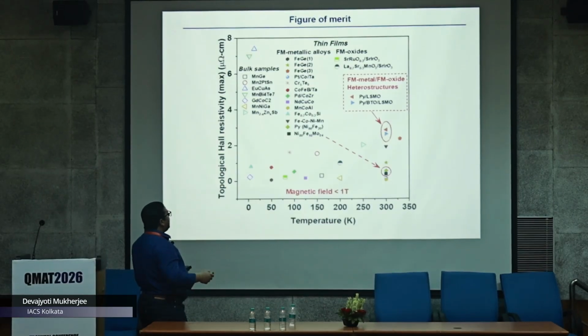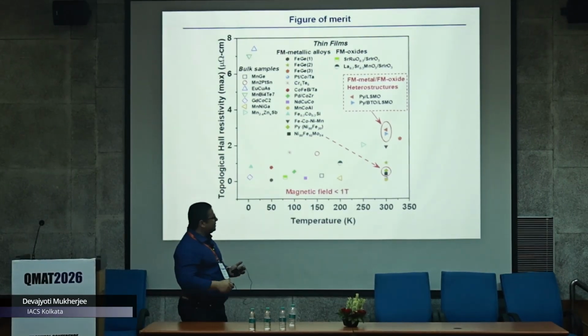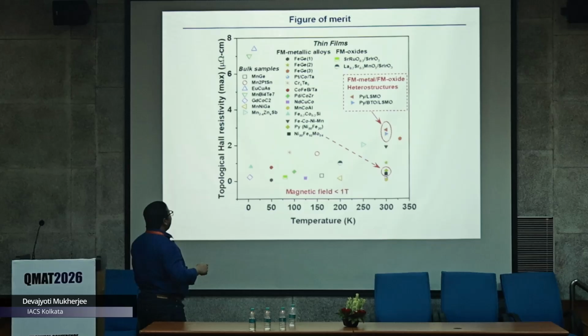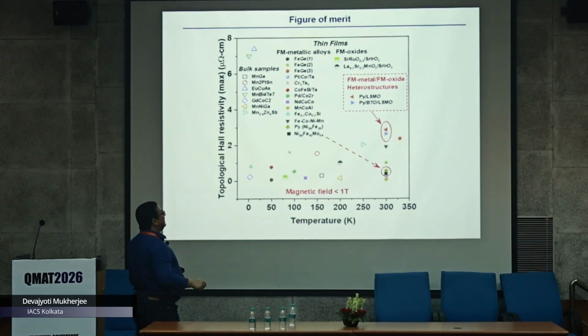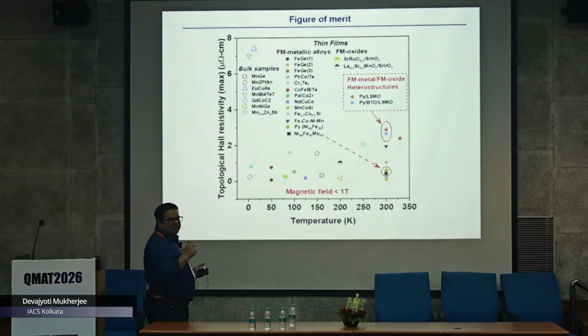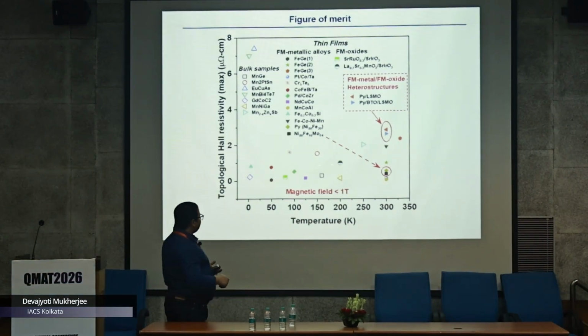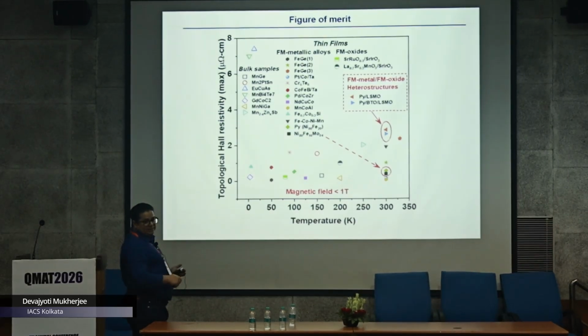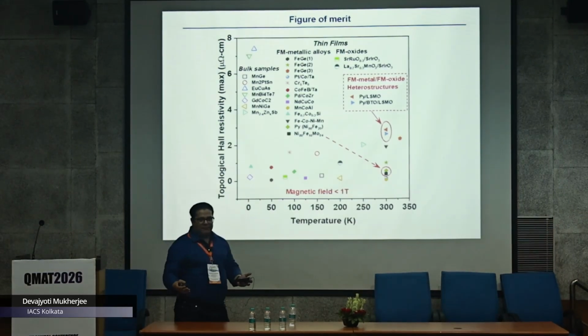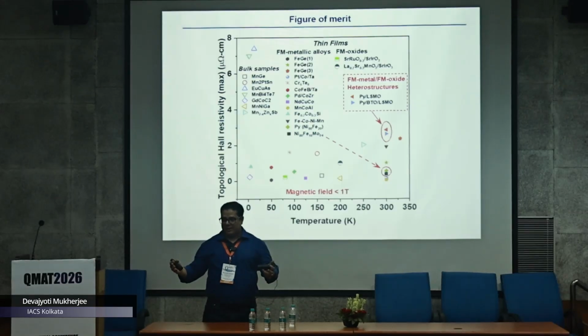So then we looked at how good our material is. This is a figure of merit calculation where we have collected all the reported materials on topological Hall resistivity, but we restricted them to one parameter: a magnetic field below 1 Tesla, because typically if you want to make a device, you don't want a magnetic field of more than 1 Tesla.